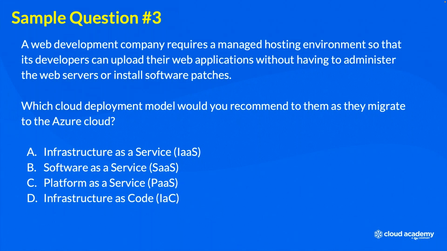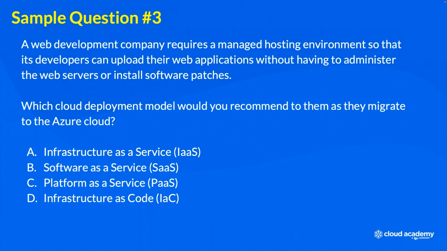So the key thing here is that you don't want to have to administer the web servers or install software patches. Now, if it were infrastructure as a service, then you would have to do these things, right? You would have to do things like install software patches. So it's not A. Software as a service is where it would be something like Microsoft 365, right?